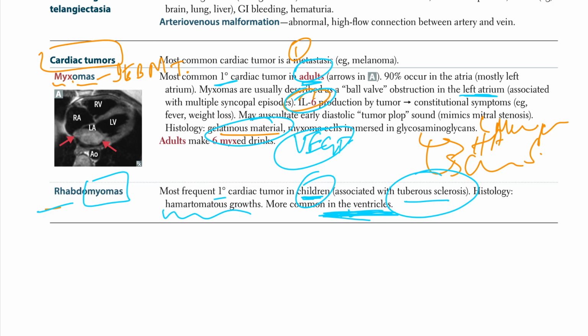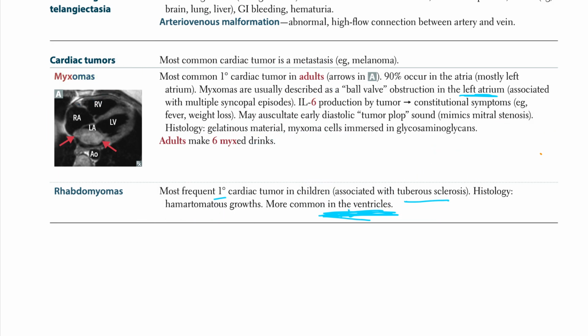So let's just quickly review it. Cardiac tumors are more likely to be metastatic than primary, but the primary ones are going to be myxoma and rhabdomyomas. Myxoma is a benign mesenchymal tumor seen in adults that produces IL-6 and VEGF and causes a mitral stenosis type murmur.